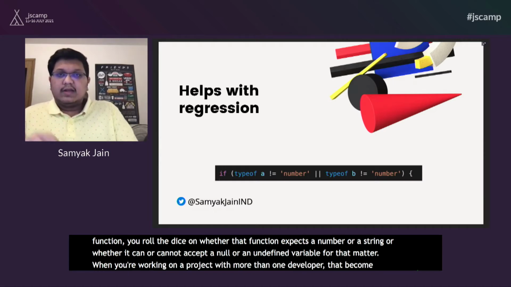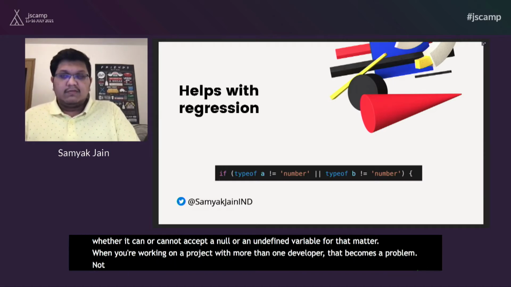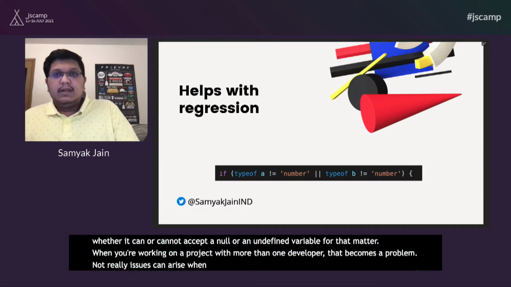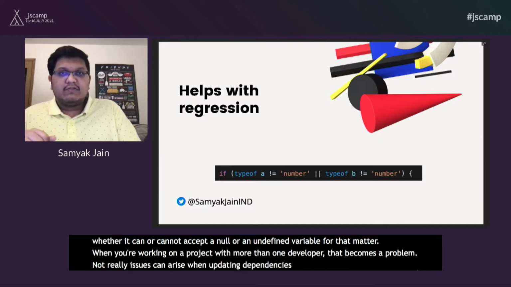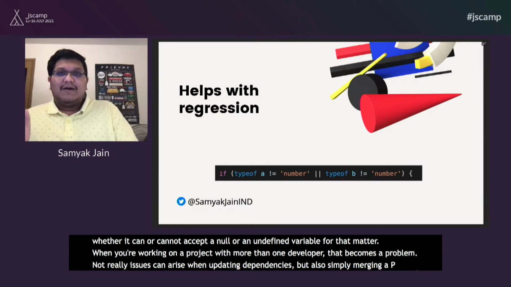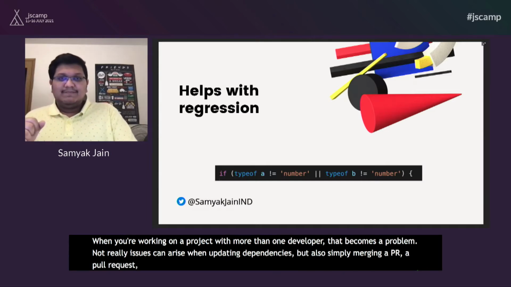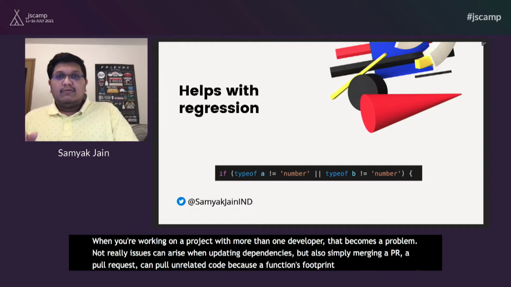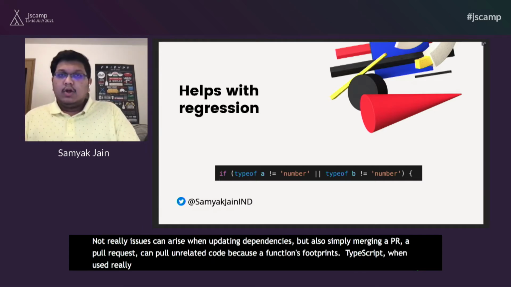Not only can issues arise when updating dependencies, but also simply merging a PR, a pull request, can suddenly break unrelated code simply because a function's footprint slightly changed. TypeScript, when used really smartly, can prevent all of that from happening with a minimal amount of work. We'll get on to the how part later.